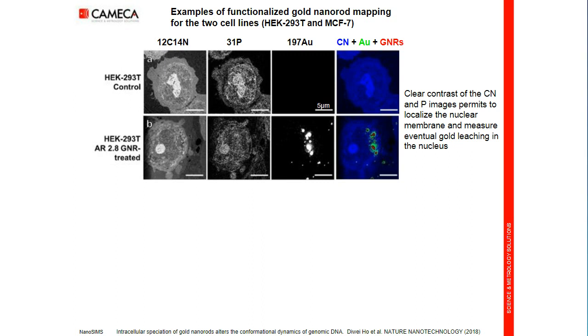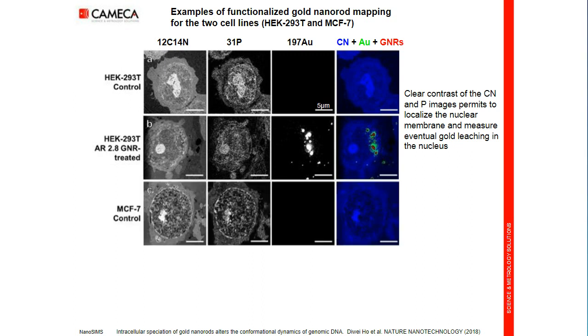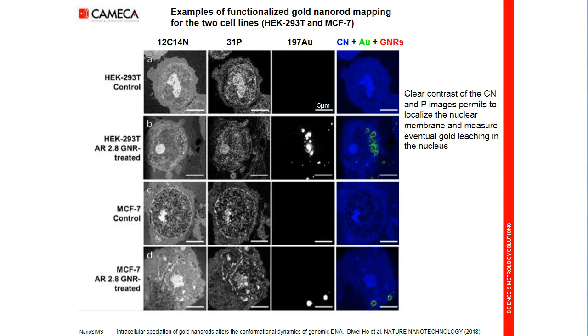Similarly, on the second line of cells, MCF7, the control does not reveal any gold penetration, and with the gold nanorods they are staying just outside the nucleus and along the nucleus membrane. So that seems to confirm that the gold cannot leach into the nucleus.